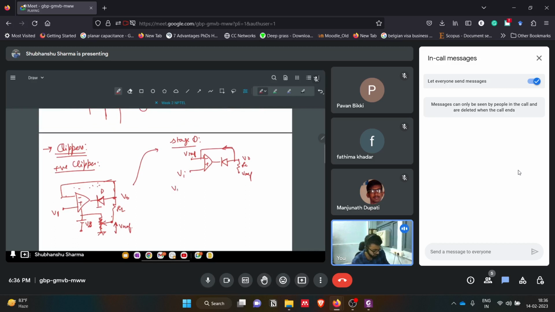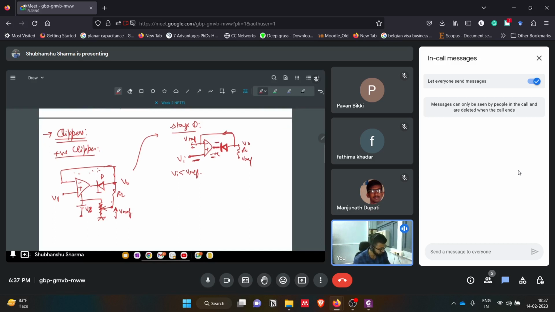Now let's say VI is less than V reference. Since the non-inverting input of the op amp is less than the inverting input, the output will be negative. This will make the diode on, because we are supplying the negative side to the anode part of this diode.